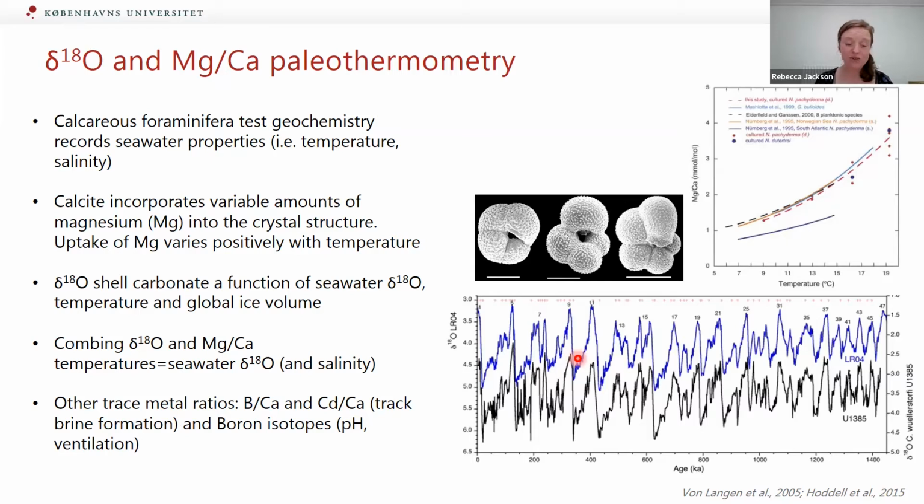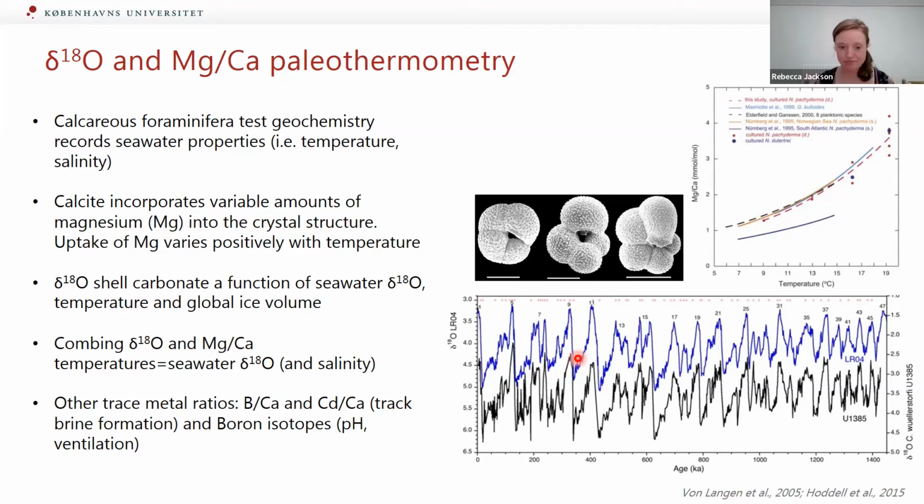Not only that, we can also use foraminifera for radiocarbon dating. So they're very useful. We have it as a correlative tool. They can tell us something about temperature, salinity. And if we combine certain measurements, in particular stable isotopes and magnesium-calcium ratios, we can track backwards. The unknown that we have is the seawater delta 18O signal.